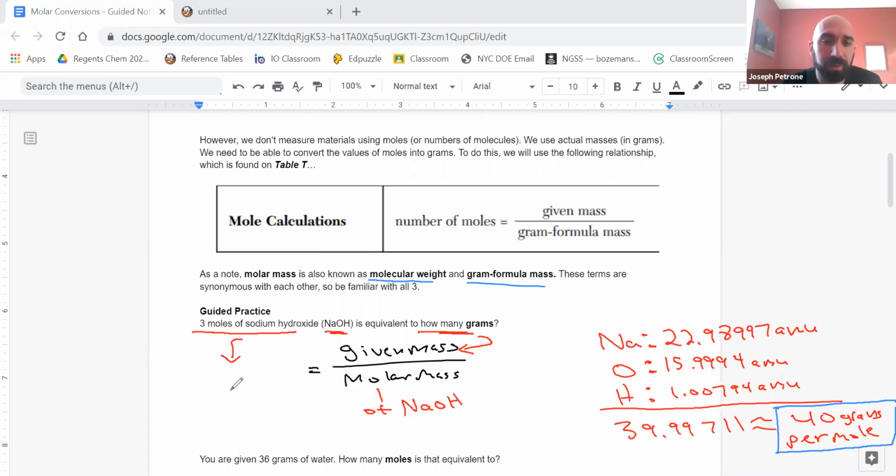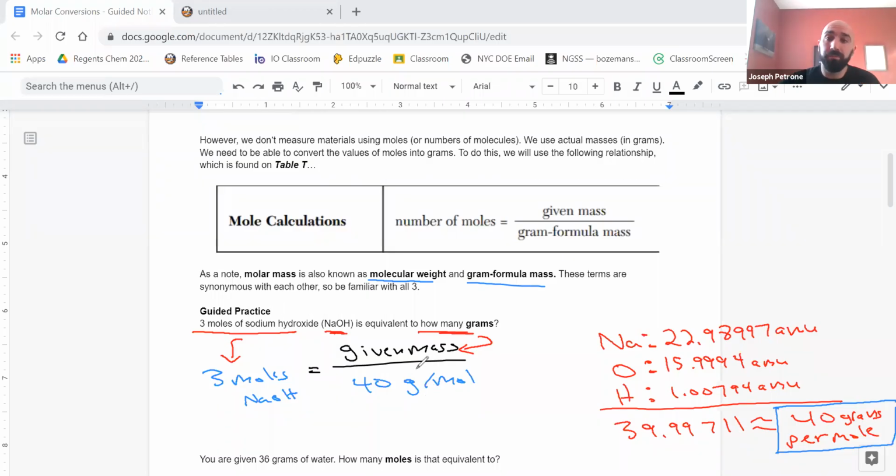That is going to be 3. So 3 moles of NaOH. We also now know our molar mass. So we know that 1 mole of sodium hydroxide, NaOH, is going to be equal to 40 grams per mole.